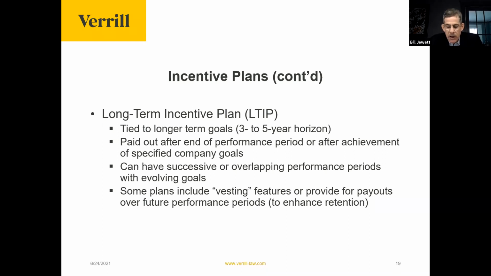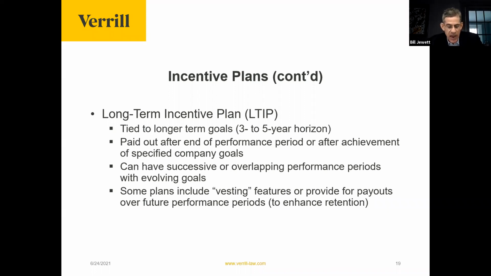You can have successive performance periods or even overlapping performance periods. You could have 3-year periods, a new one starting each year. And some plans include vesting features or provide for payouts over future performance periods.